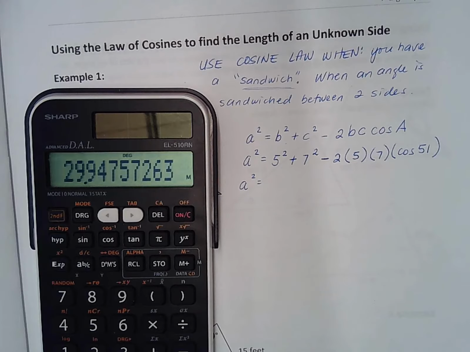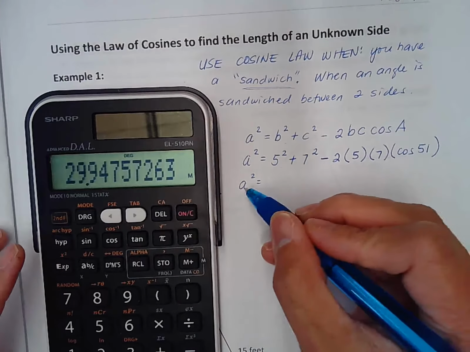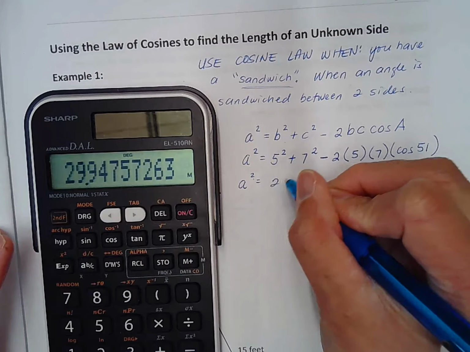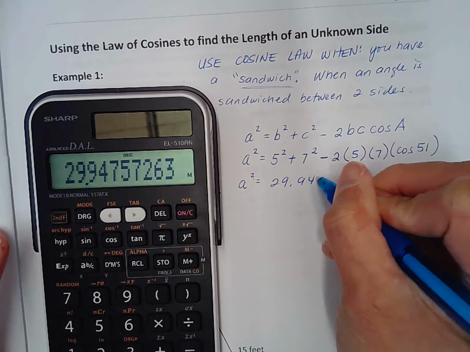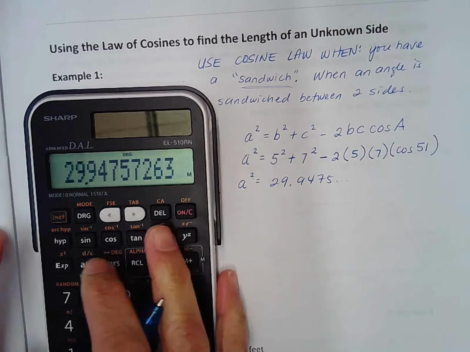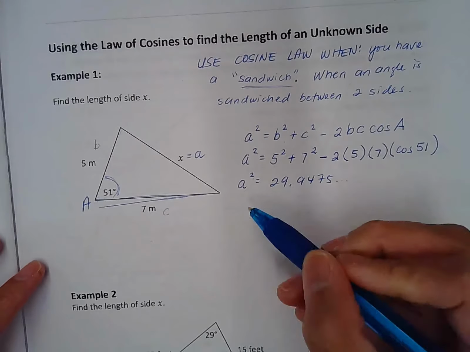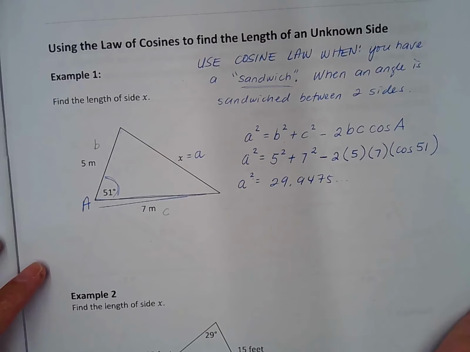Did you get 29.9475? Did everybody? Yeah? Okay. So a squared is equal to 29.9475, a whole bunch of numbers after. How did I get that?